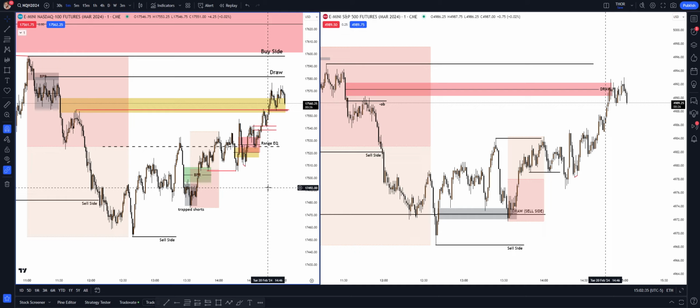Exactly. In fact, that's how you should start anyways. You don't need to trade minis to make money, you know. You can literally make $1,000 trading just micros.